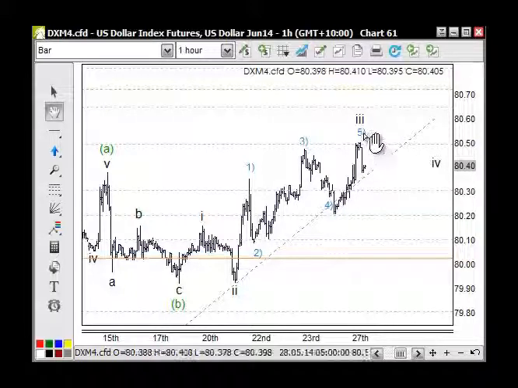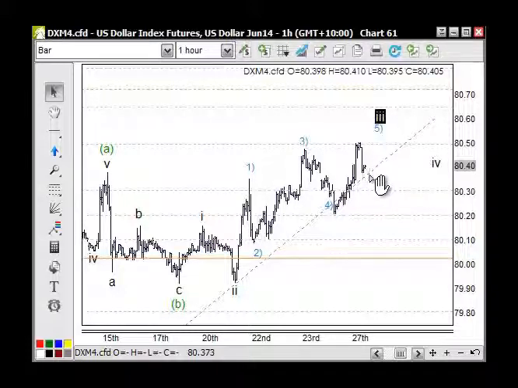And wave 5 moving up here, that may not be finished actually. We may get a little move above here, so we could just adjust that to here and see a little move to here, and then get an A and a B and a C across here for wave 4.